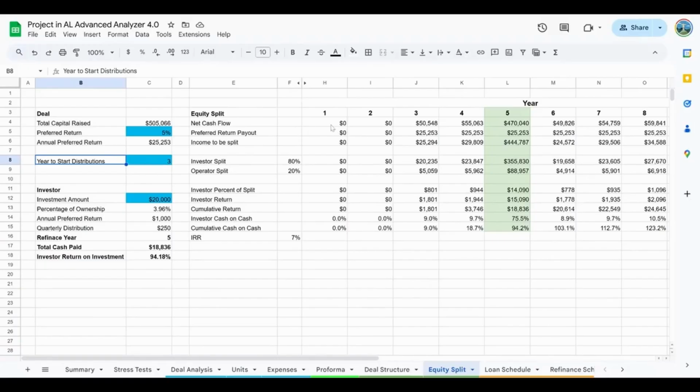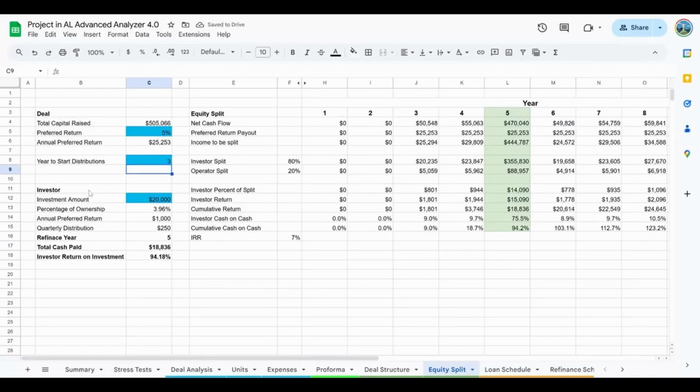Now, sometimes we don't want to start paying off the cash flow at the beginning because sometimes you're not making money, or you want to keep the capital in reserve just in case something goes wrong during the build out. So here we have our distributions starting in year 3, but you can change that to 4 or whatever year you want to start your distributions.